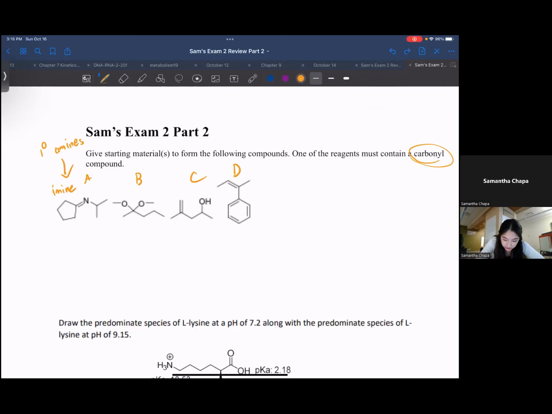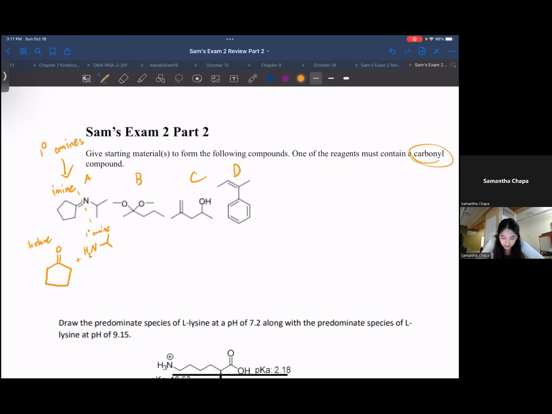And again, by using that trick where you split it in half, you know that you're going to have a ketone compound and a primary amine. So here's my primary amine and my ketone that you would regularly use to make your imine.